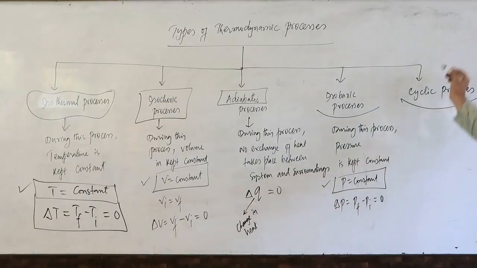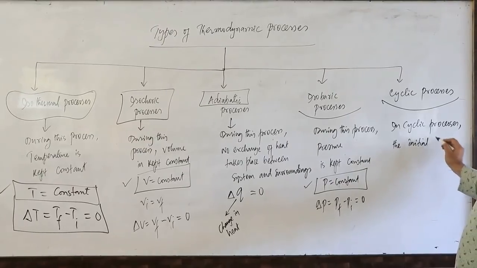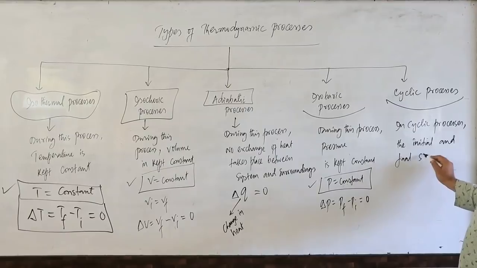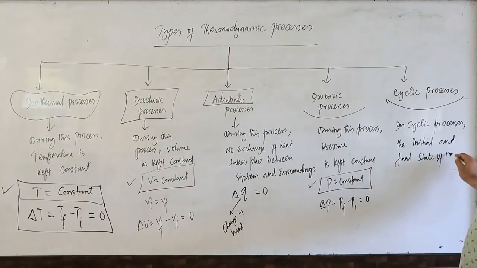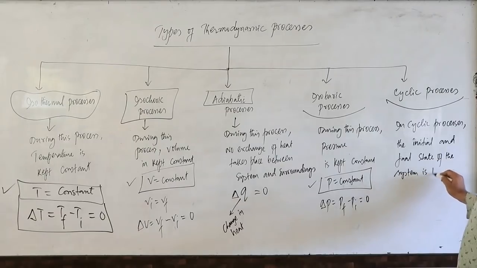In cyclic process, what happens? In cyclic process, the initial and the final state of the system is the same.